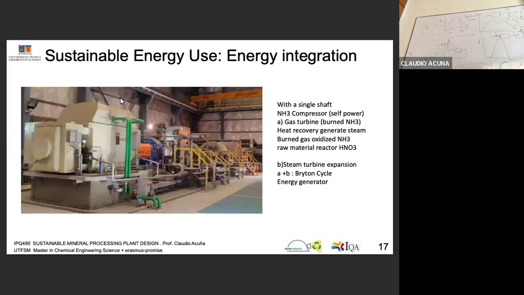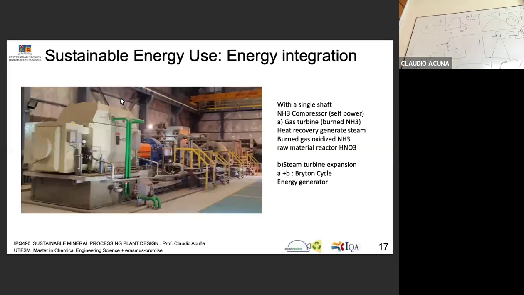This turbine is connected because the product that you have there is my raw material for the nitric plant. But again, this is a happy accident. The gas is hot, and this gas generates steam. And this steam can be used to generate electricity too.